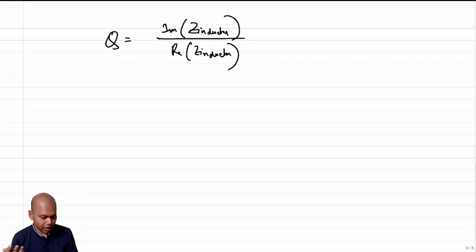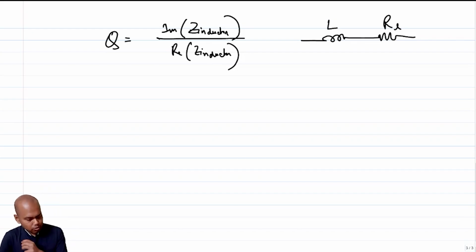So ideally, what do you want this Q to be? Obviously, you do not want any real part in the Q, right? But what is the source of the real part? The source of the real part is the lossy resistance that invariably comes into the picture. And as we have gone through in the previous lecture and part of this lecture, this is not the only resistance, right? There are other resistors associated with it.